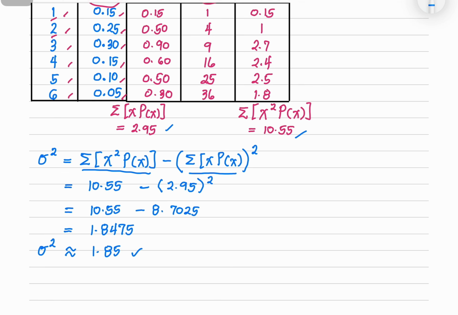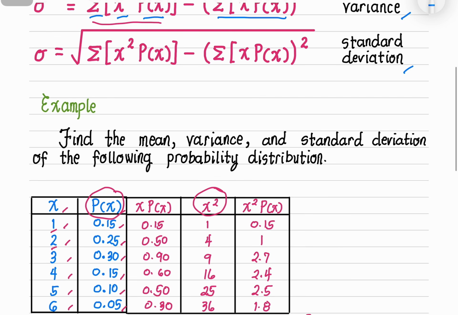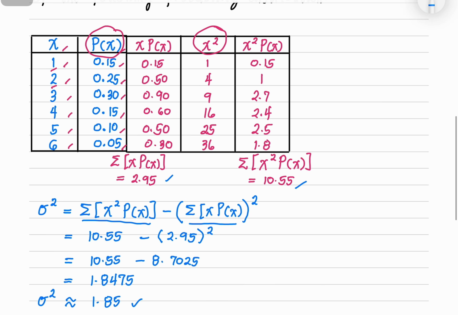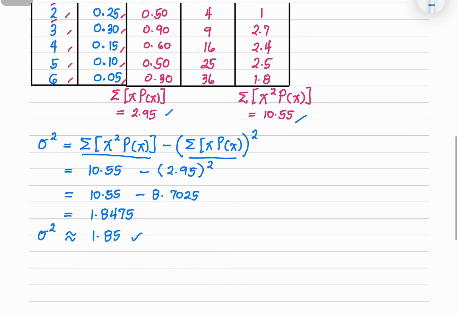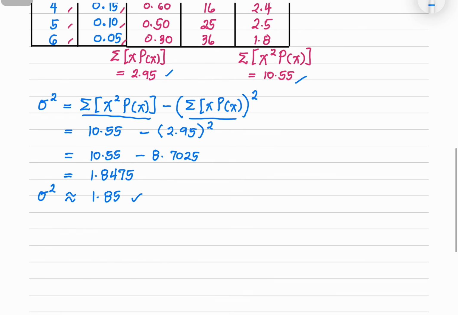Okay. Now, for us to solve for the standard deviation, of course, i-square root natin yung variance. Since ang variance naman, getting the square root of its variance, no? Okay, since ang variance natin dito ay 1.85, okay? So, same formula tayo.